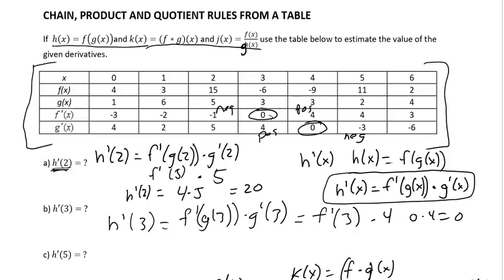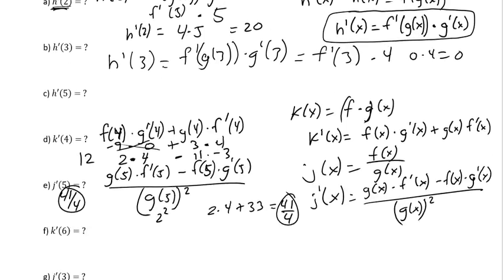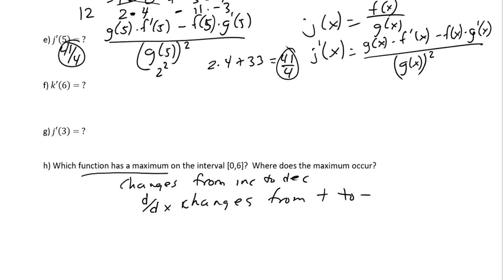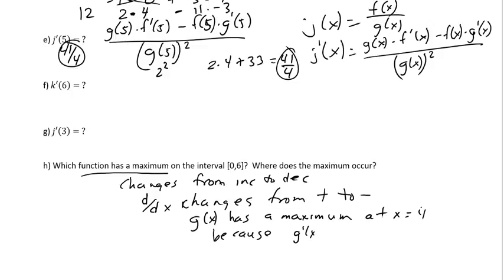So g has a maximum at x equals 4 because g prime changes from positive to negative at x equals 4. Good.